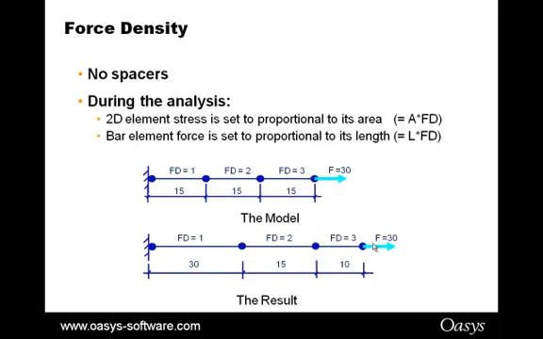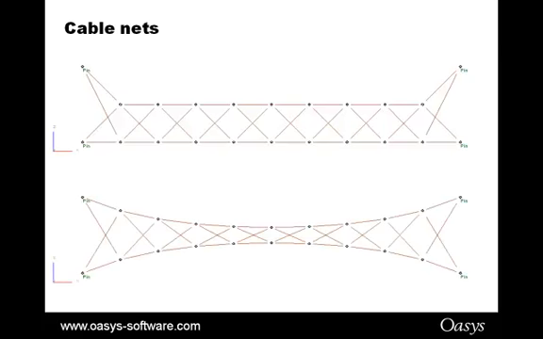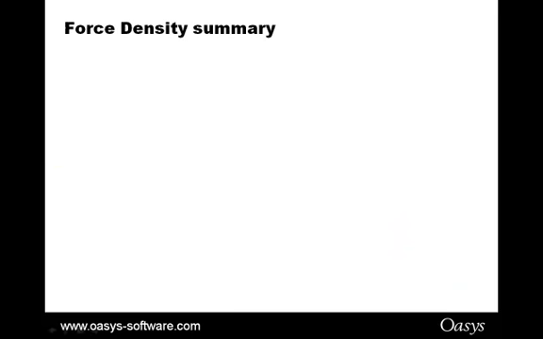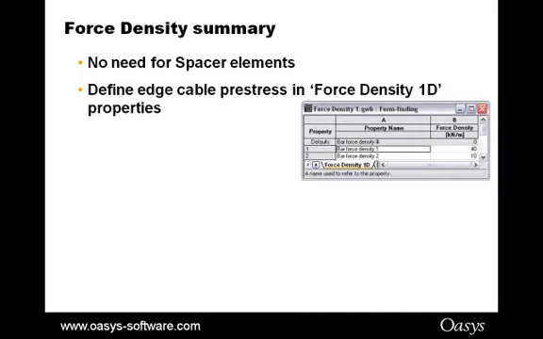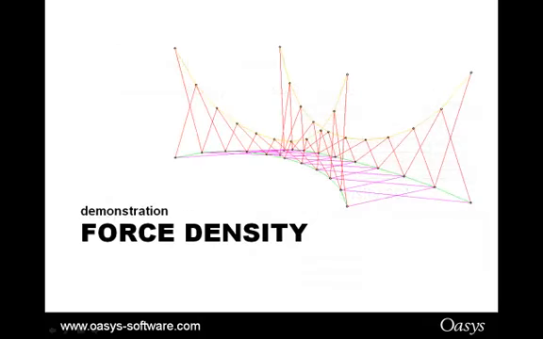Likewise, you have a longer element, you have a higher pre-stress, and so on. But it still does work. But the results aren't quite as predictable. So, cable net structure like this here, for example, you can get the end results. Summary on this: don't need to worry about spacers. Again, define the edge cable pre-stress force densities and the force density in the fabrics as well. So let's look at this in action.